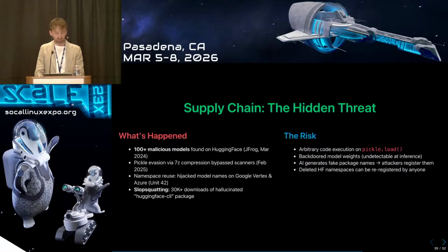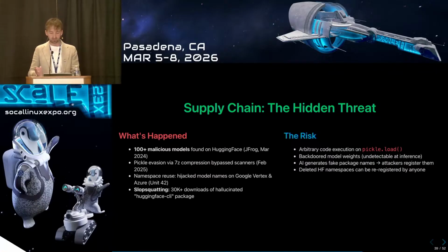Some namespace reuse or slop squatting. These are things that actually happen, and the actual risk with using it is arbitrary code execution, backdoored model weights, which is very hard to detect in inference. And AI generates fake package names, like attackers can register them, you're pulling them and running on your local machine.